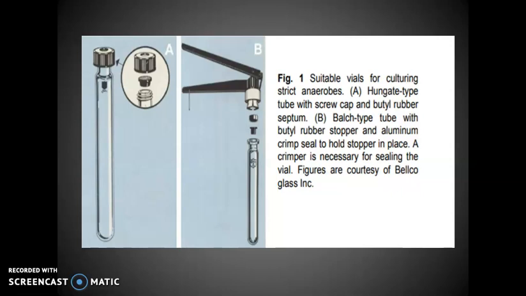And this is the Hungate type tube with screw cap and a butyl septum. Another one is the Balch type tube with butyl rubber stopper and aluminum crimp seal to hold the stopper in place. A crimper is necessary for sealing the vial.